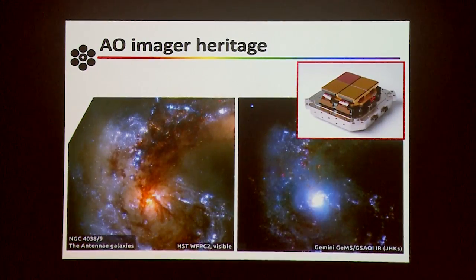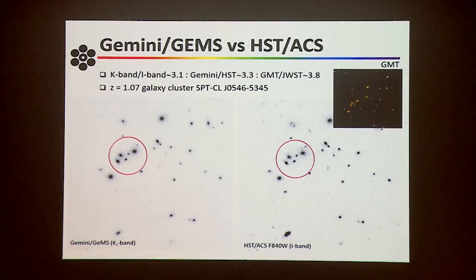Here's an example of the sort of thing that GSAOI and GEMS are able to do. Here's the Antennae galaxies, the classic HST WFPC2 image, and here is the GEMS image that's obtained with the MCAO adaptive optics, and you can see that the system works very beautifully. Here's another example.